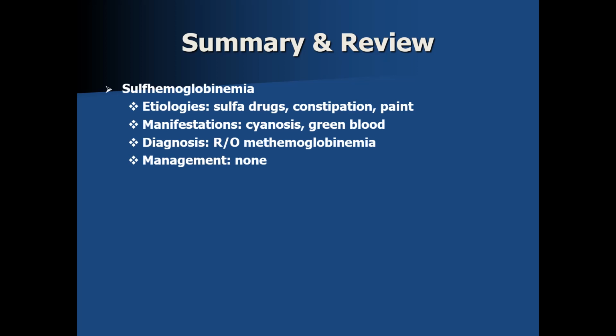Also, there is brownish-green blood. The diagnosis of sulfhemoglobinemia is difficult. The most important thing to do is to rule out methemoglobinemia. Currently, there is no management for sulfhemoglobinemia. Usually, it looks much worse than it is.